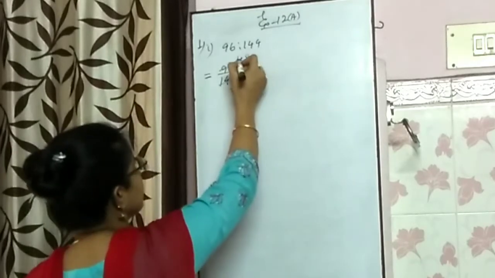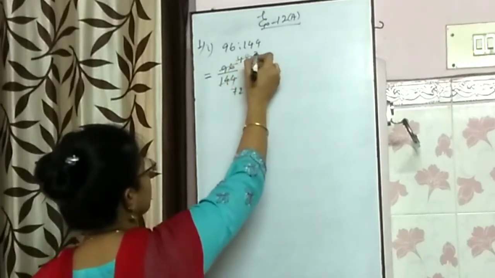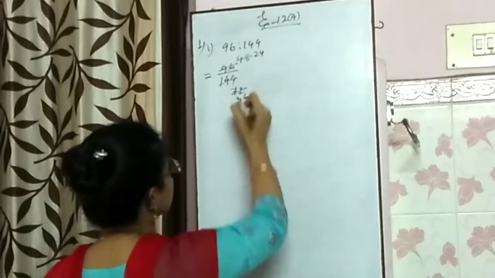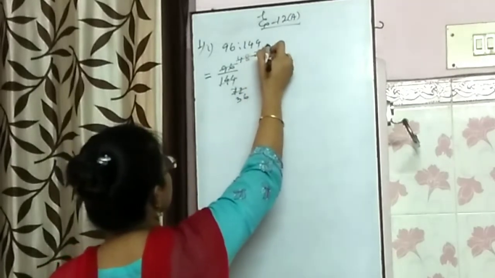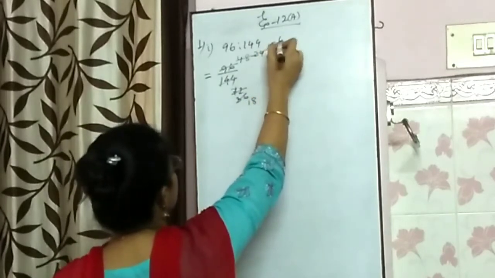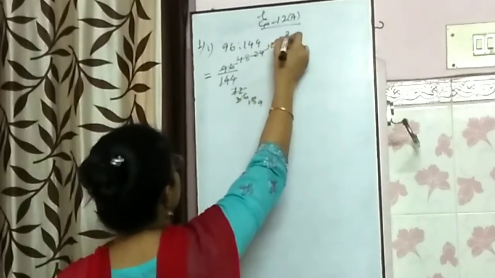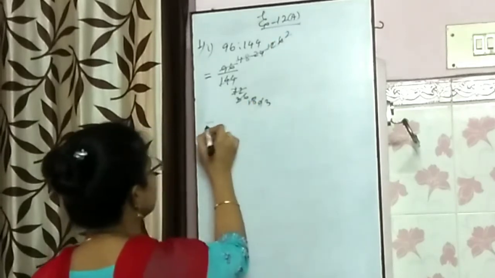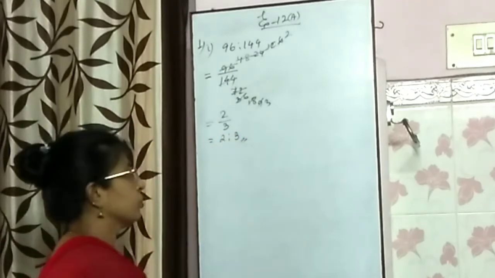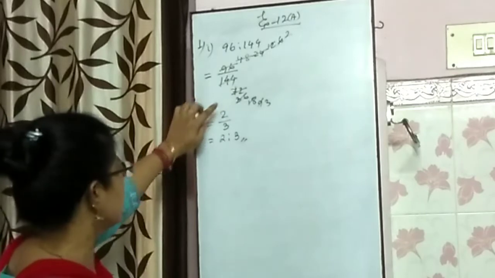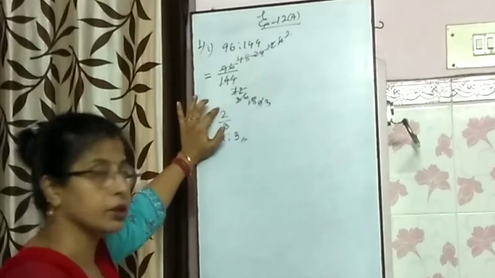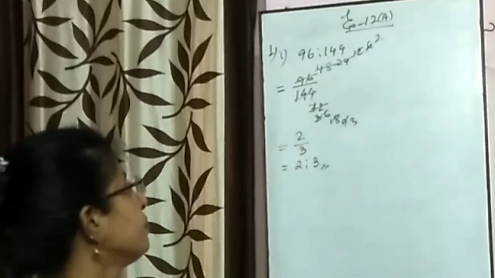Again we have seen these two are even numbers. Finally we have got 2 by 3. You can't leave it as 2 by 3. It is a fractional part, so we can't leave it as a fraction, we have to express it as a ratio, otherwise your marks will go.